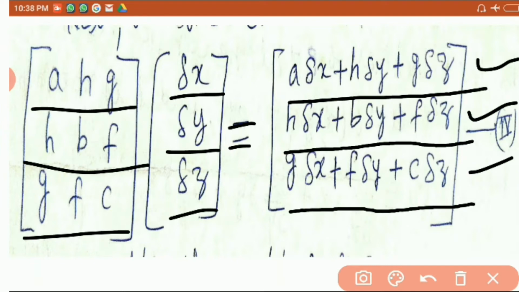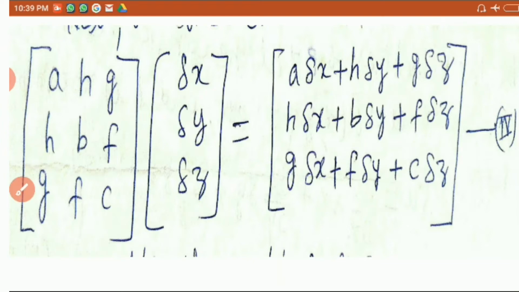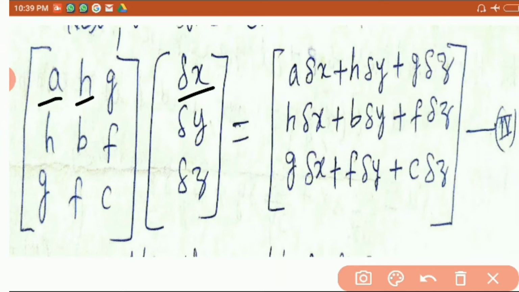This is the multiplication of these two matrices: A into delta x plus H into delta y plus G into delta z.